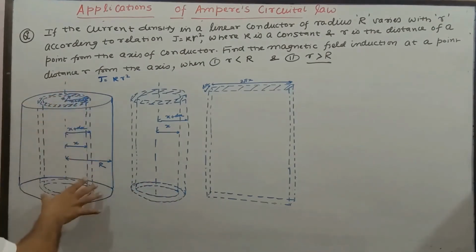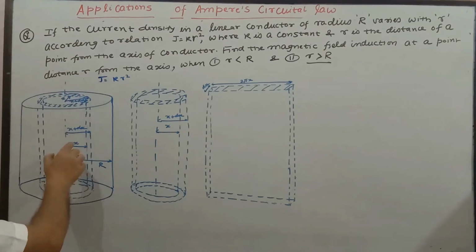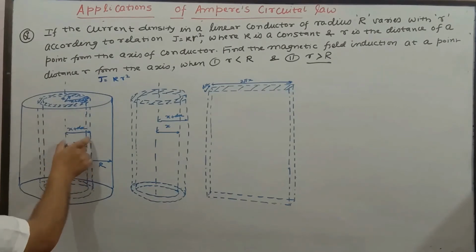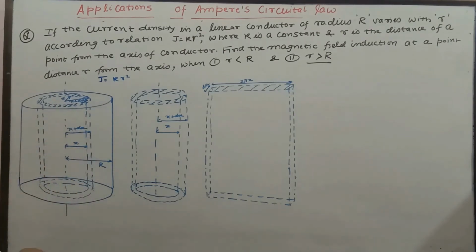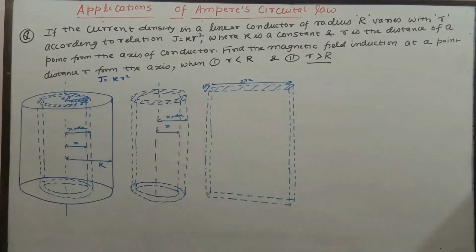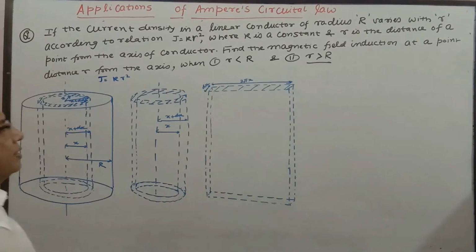This is the cylinder of radius capital R that was given to us. I had taken a part of it, a hollow cylinder you can say, of inner radius small x and outer radius x plus dx. If you are taking it out, it is somewhat like this. And if you cut it from one side and open it in the form of a sheet, it is going to look like this.